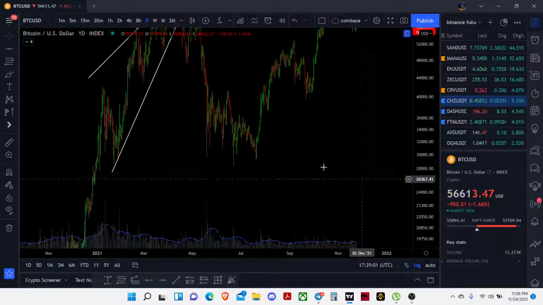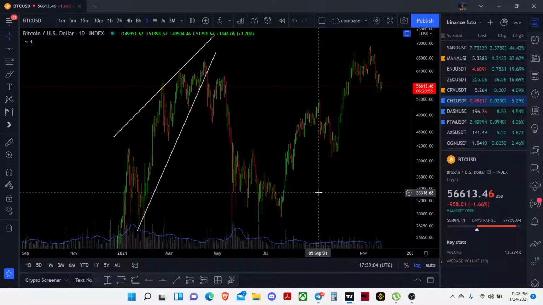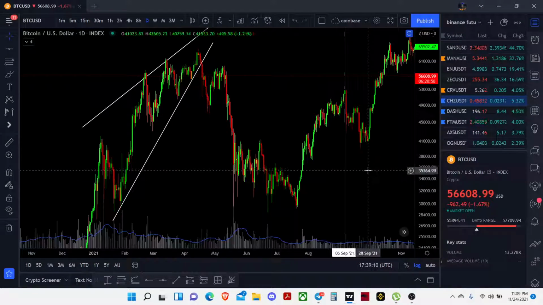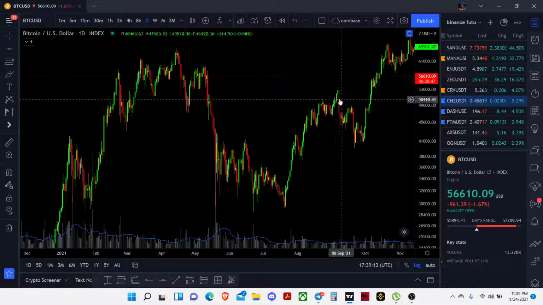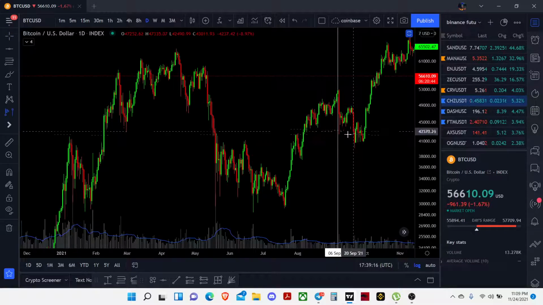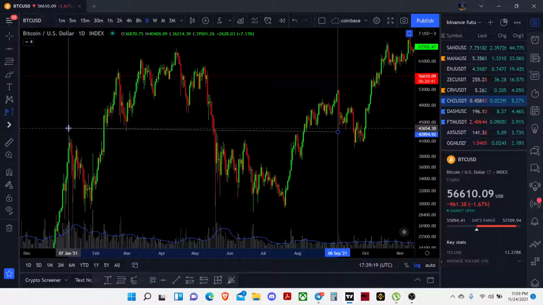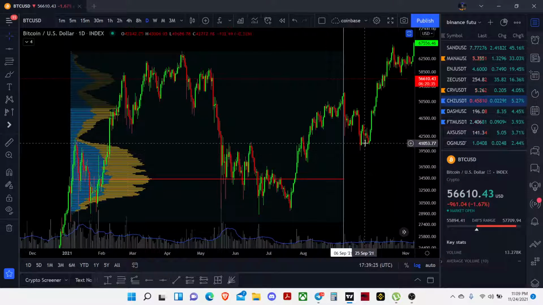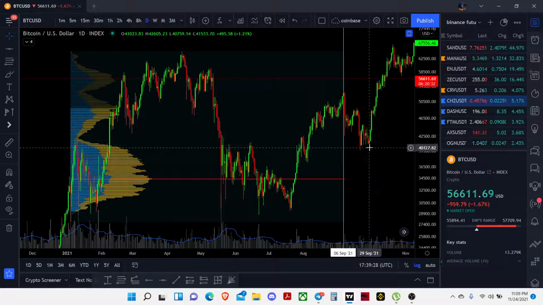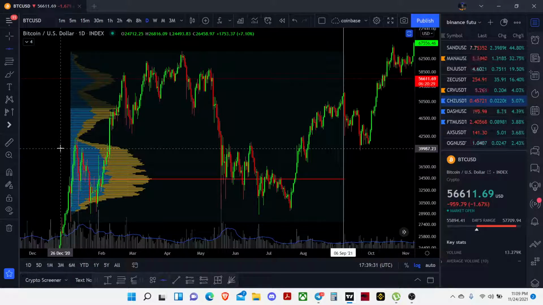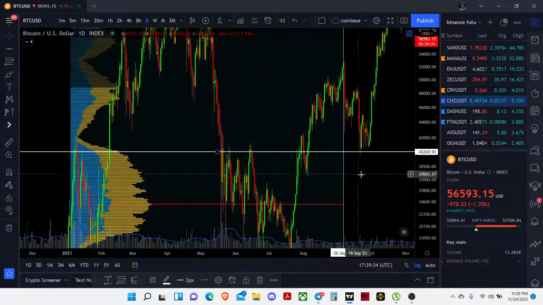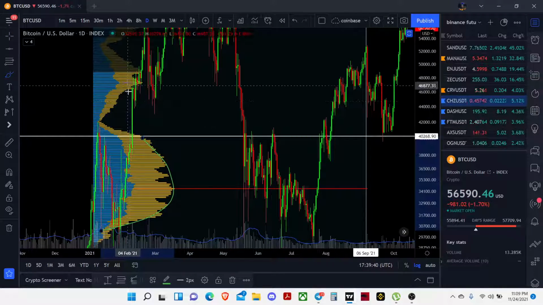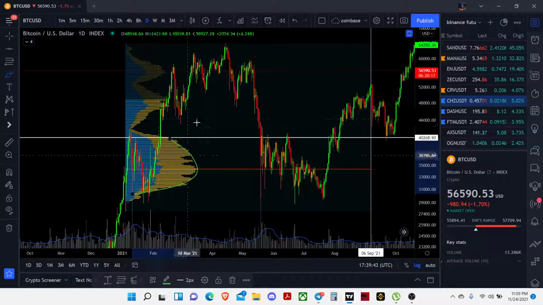If you take this candle over here, the candle before the dump, and draw a volume profile from here to here, where the session starts, you can definitely see that from this area the volume starts to curve like this, and here we have the node, the low volume node over here.